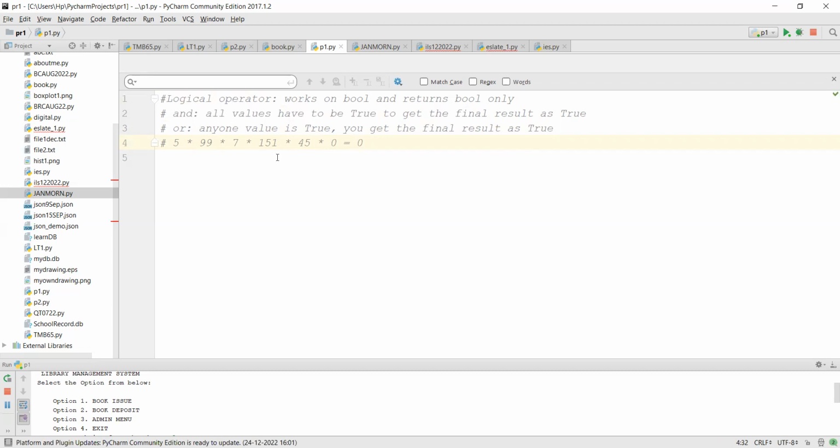Right? So even if one false is there in your AND, the entire thing becomes false.